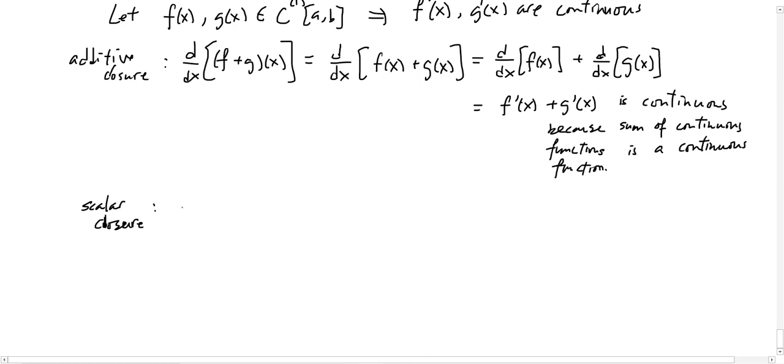What I want to do is show what happened to the derivative of some constant, actually I think I would use s, times f of x. I want to know what happened to this thing and see if it's continuous.